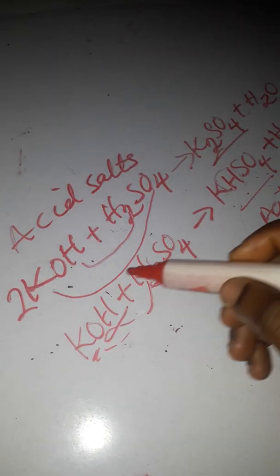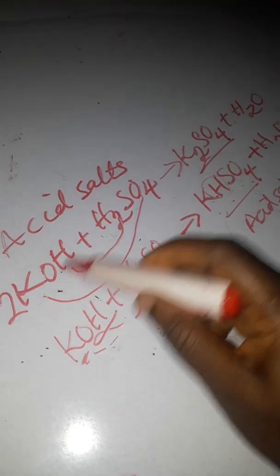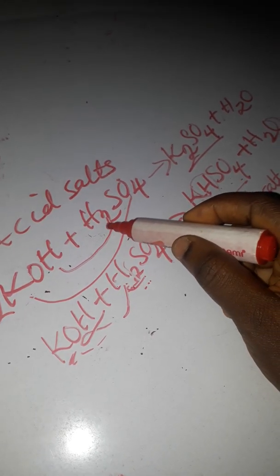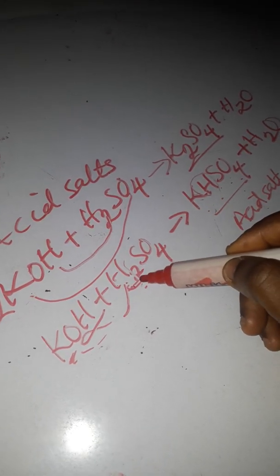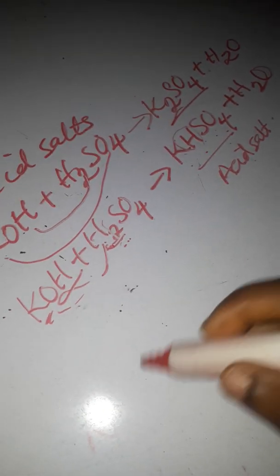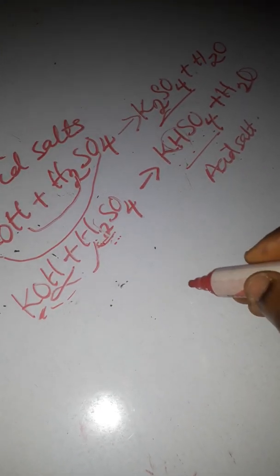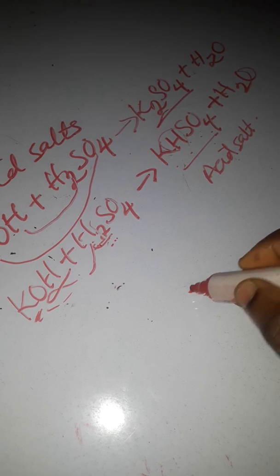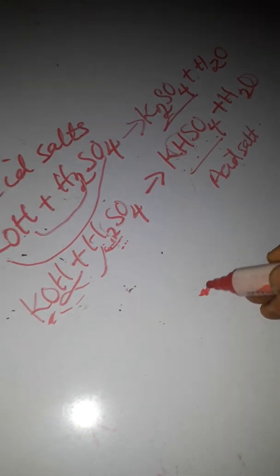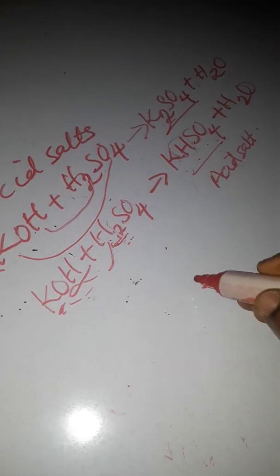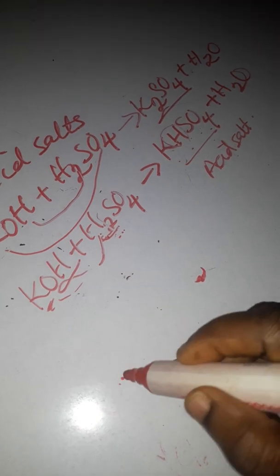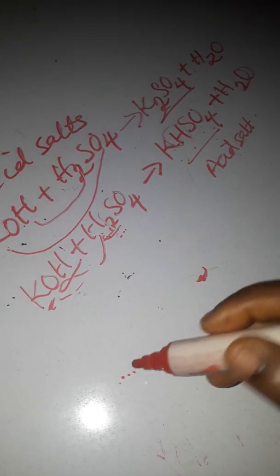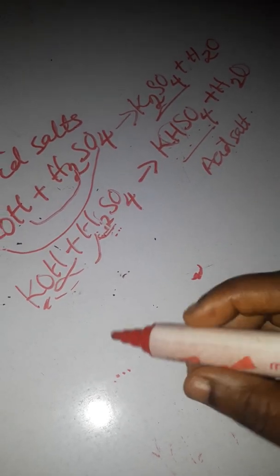Just like a metallic element from a base replaces one of the hydrogen of an acid, for basic salts, the hydrogen from an acid is supposed to replace the hydroxyl from a base, but when there is partial replacement, a basic salt is formed.